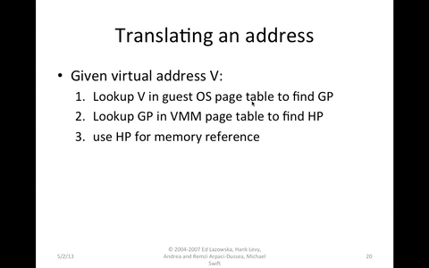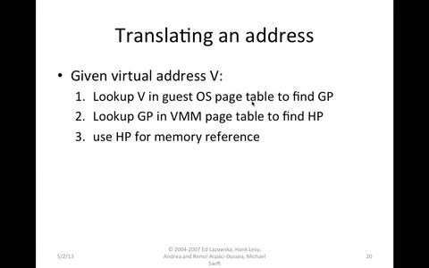So if this guest physical address to host physical address reference is invalid, then we basically fix up the VMM's page table by allocating some memory, marking the entry valid, and let it continue.